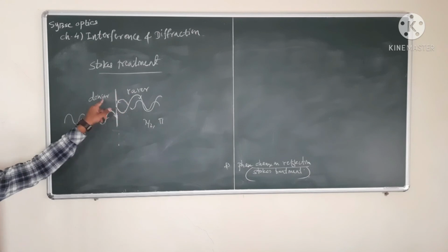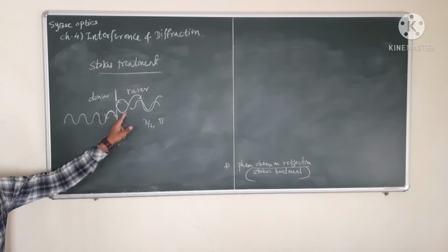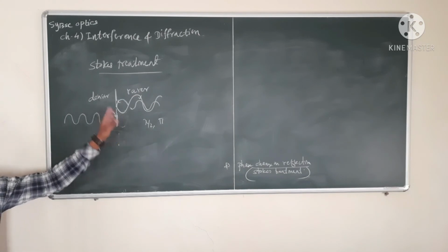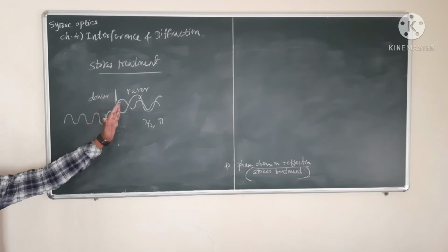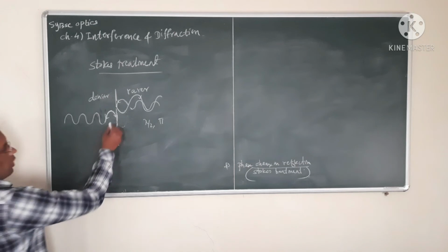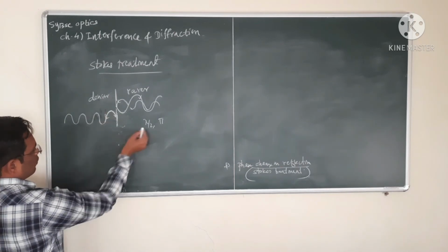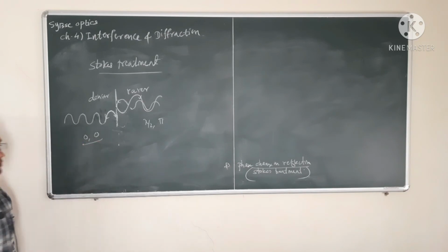Why? Because the rarer medium will oscillate like this, but the denser medium is strong compared to the rarer medium, so it will not bounce back. The light wave comes, and the path difference is 0 and the phase difference is 0.